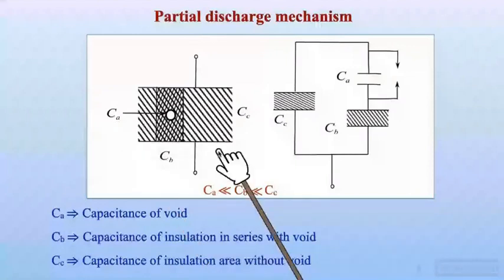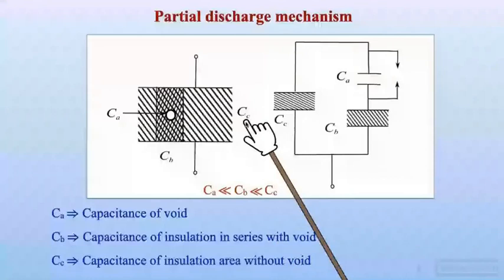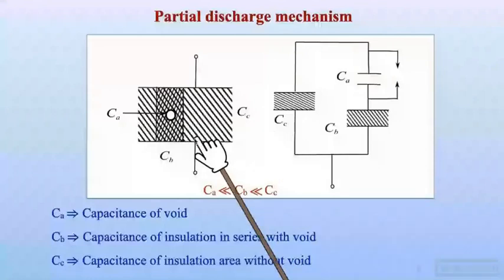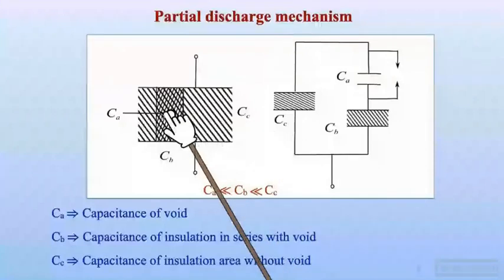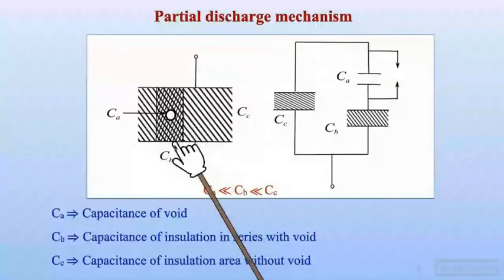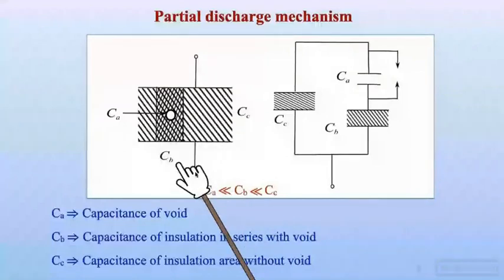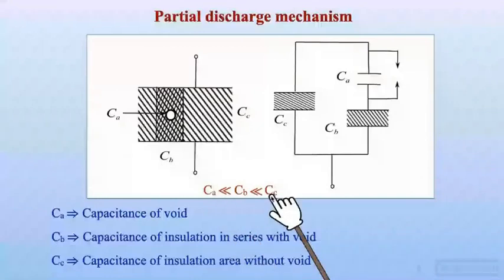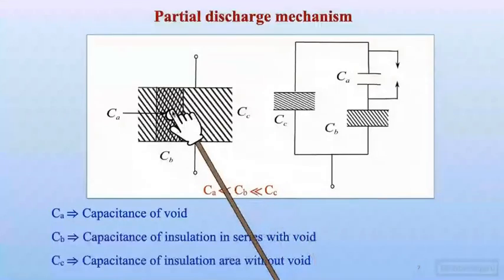The remaining part where there is no imperfection, the insulator is supposed to have capacitance Cc, and the capacitance of the area other than Ca in this region is Cb, such that Cc is the largest, that of the insulator.